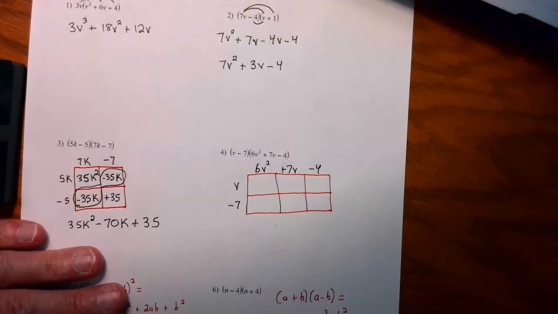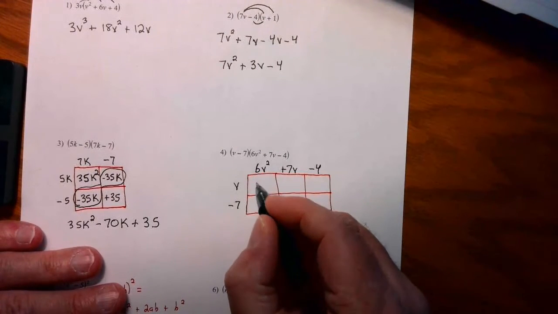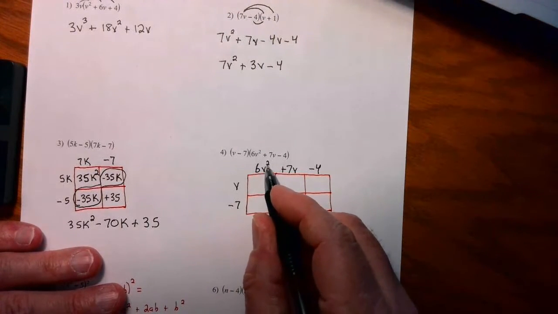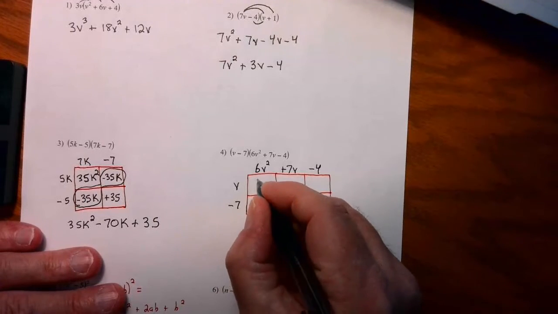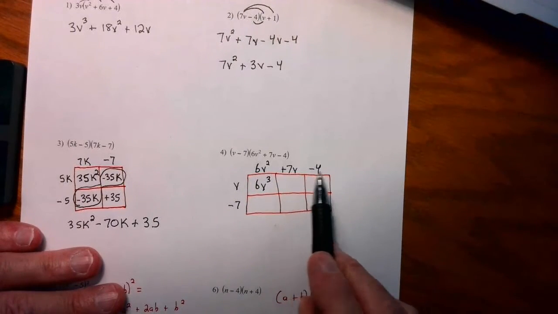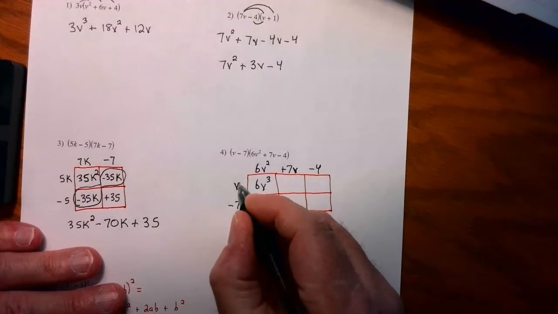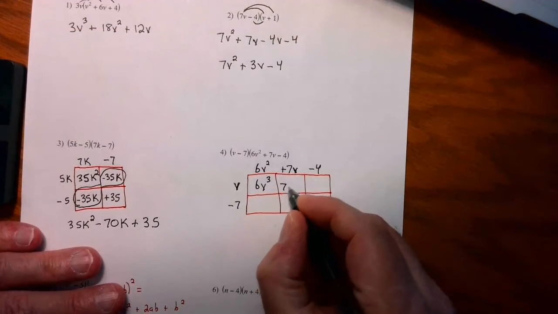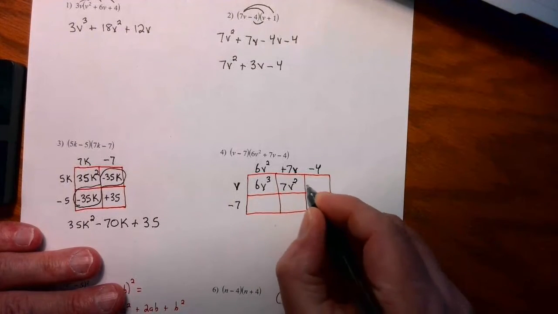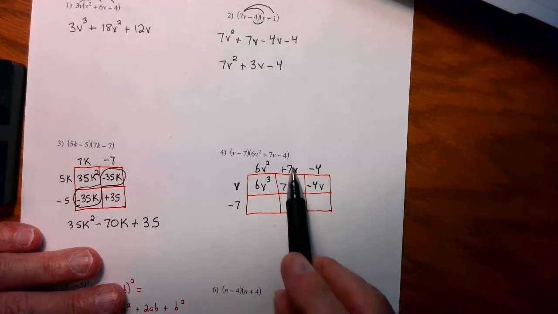All right. Then fill out the box. 6v squared times another v. It's just 6v to the third now. Guys, each of these top ones, just add another v in there. So this is 7v squared, and this is minus 4v. Just put another v into each term.